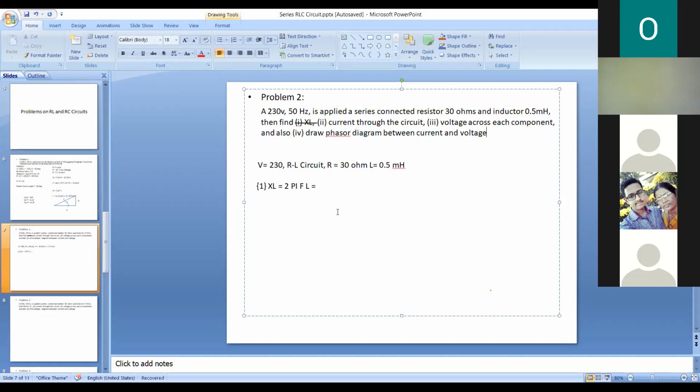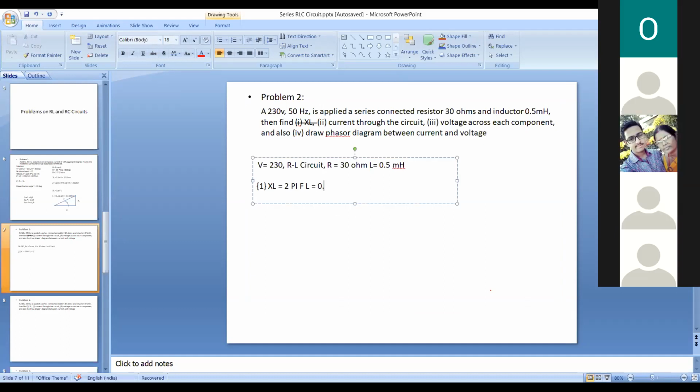How much you'll get? 0.157. Millihenry, no? I think you missed out the multiplier. Is it correct? 0.157 ohm. Correct. Done.